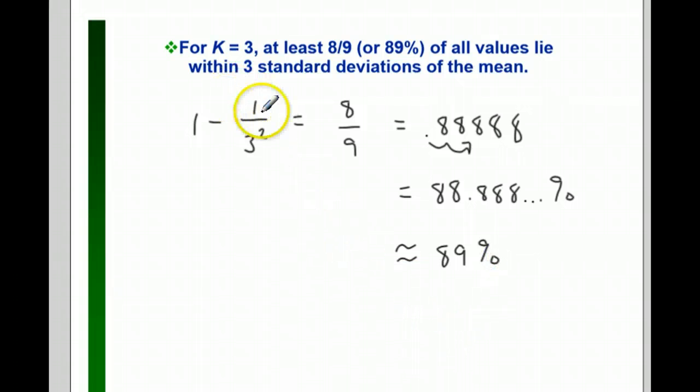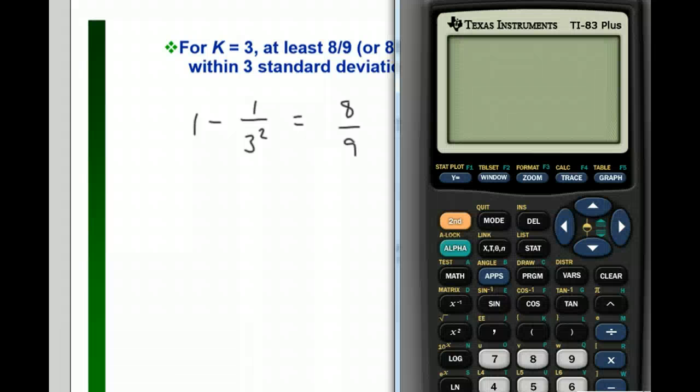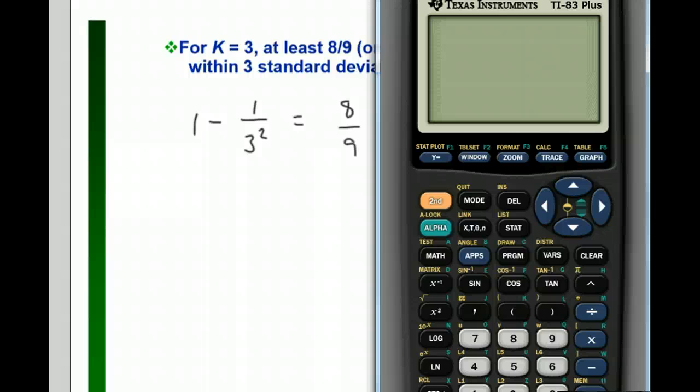Alright, so that's Chebyshev's inequality. It tells us a rough estimate of a lower bound of what percent of the data falls within whatever number you give it. Now when you do Chebyshev's inequality on your calculator, you just have to remember to put it in there in the correct order.